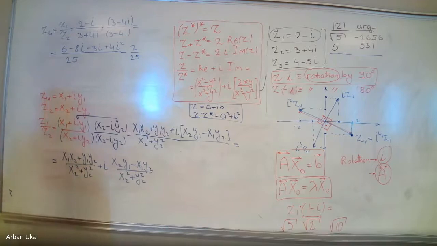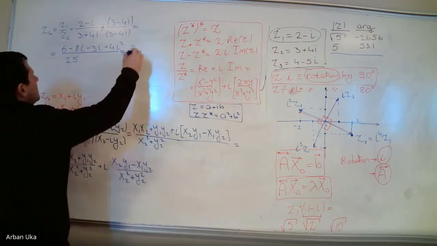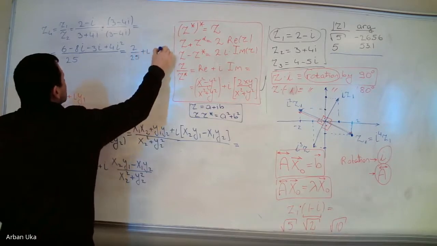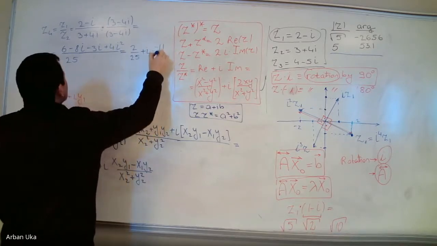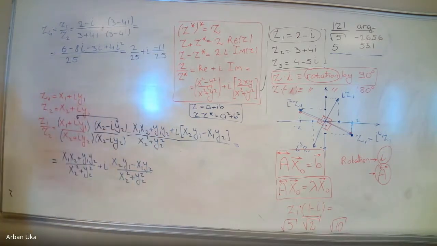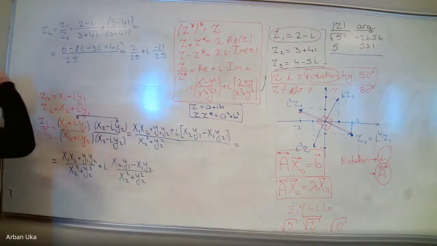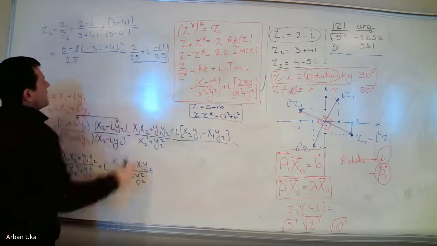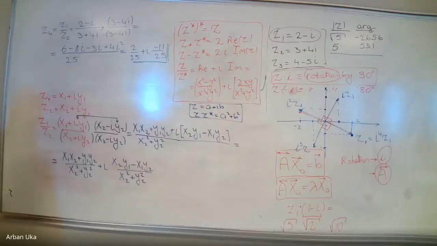And what is the rest? Plus i times minus 11 over 25. Okay, so this is what we get for z4. Is it clear? Yes. Okay. This was z1 divided by z2. This is what we obtained.